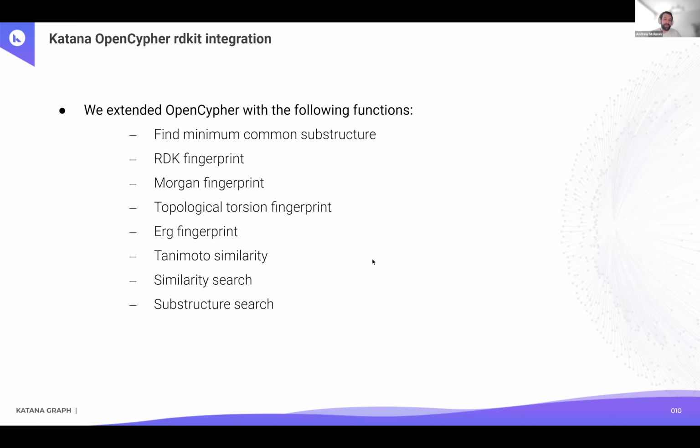You can call the varying fingerprinting methods from within RDKit, and we have four of them here. You can compute the Tanimoto similarity between fingerprints. And then we did a little bit that was beyond what's implemented in RDKit to speed up similarity search and substructure search.